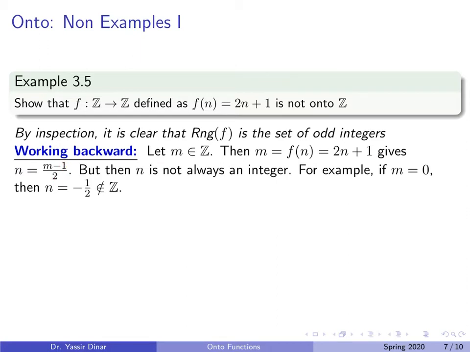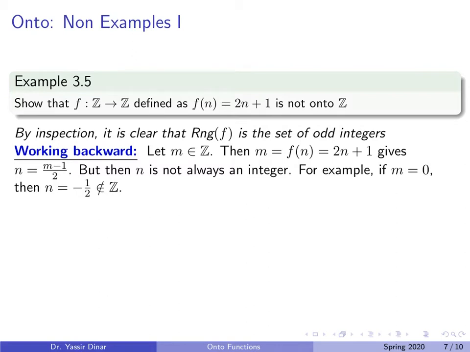Now for the function to be onto, this number n has to be in the domain, but the domain here is a set of integers, and m minus 1 over 2 is not always an integer. So n is not always in the domain. For example, when m is equal to 0, then n will be minus half, which is not an integer. So this m equal to 0, which is in the codomain, will be my counterexample to prove that f is not onto.